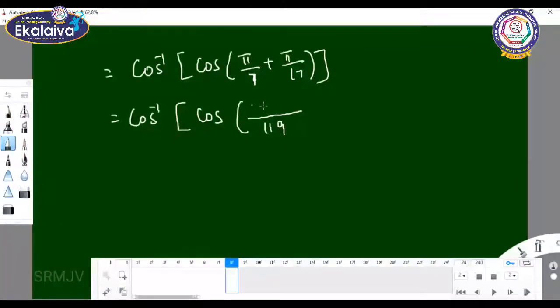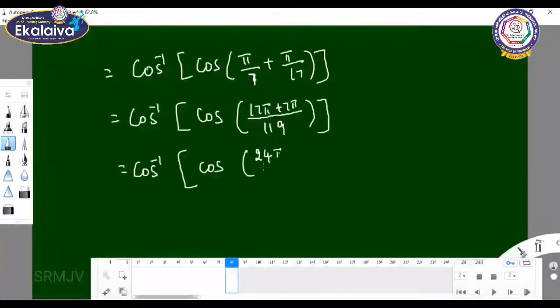So 17 pi plus 7 pi gives cos inverse of cos of 24 pi by 119. Cos inverse and cos get cancelled. The value is 24 pi by 119.